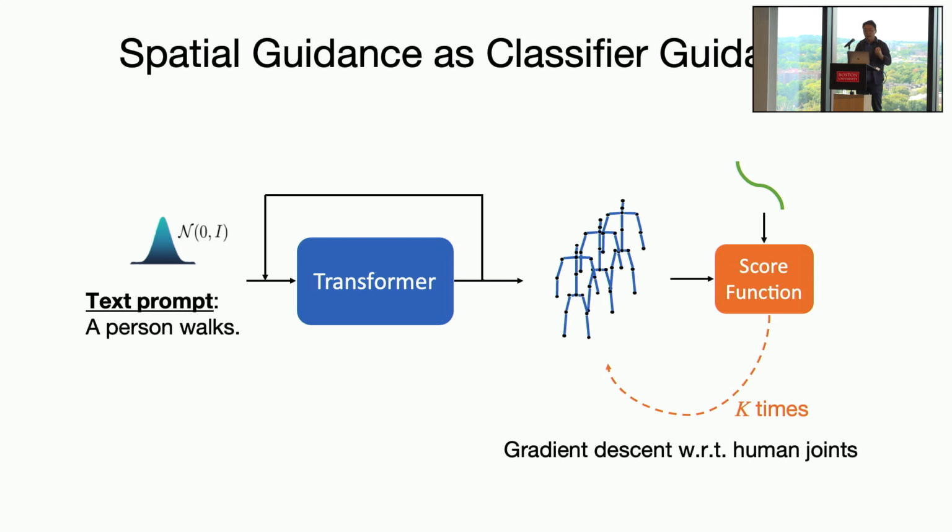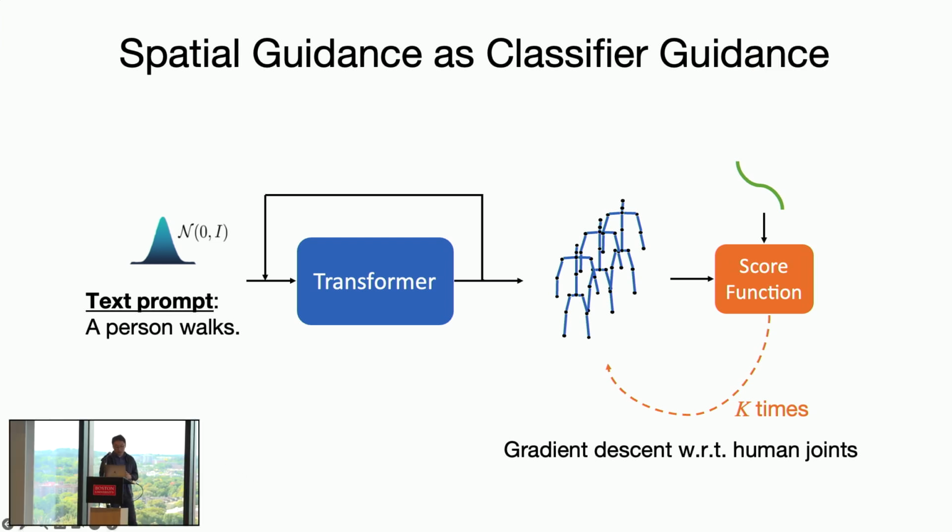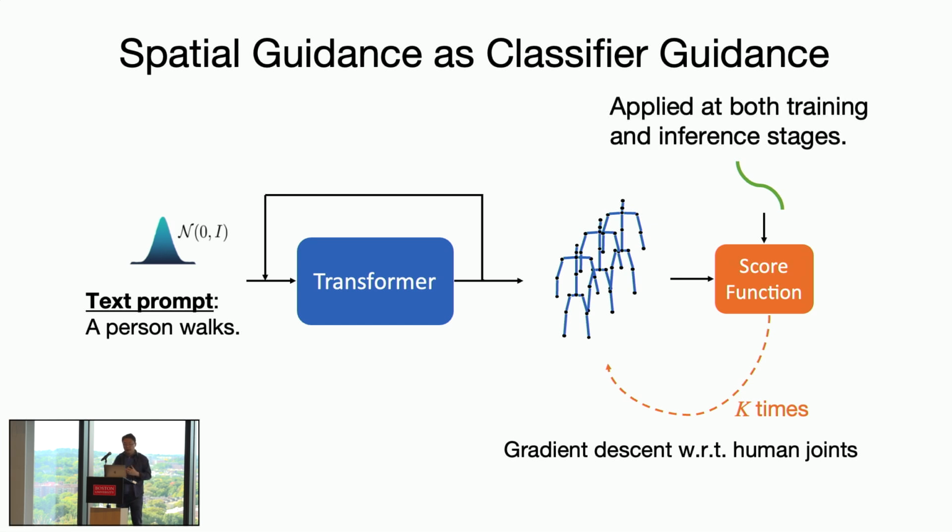So we can compute the gradients and do it multiple times to update the model's output. And this guidance, or classifier guidance, or sometimes people call it perturbation, is applied at both the training stage and the inference stage.